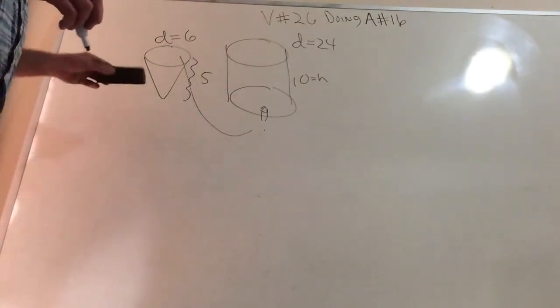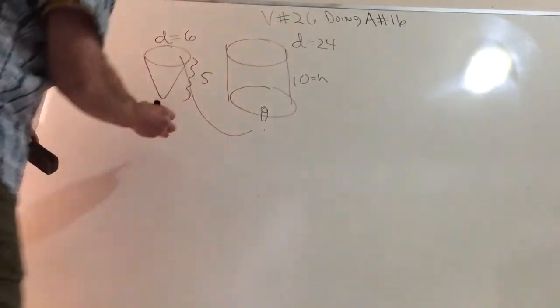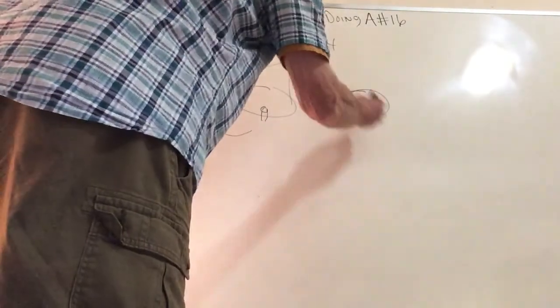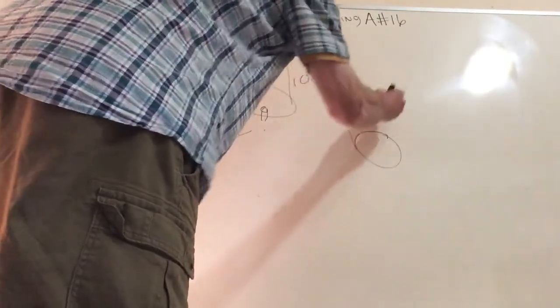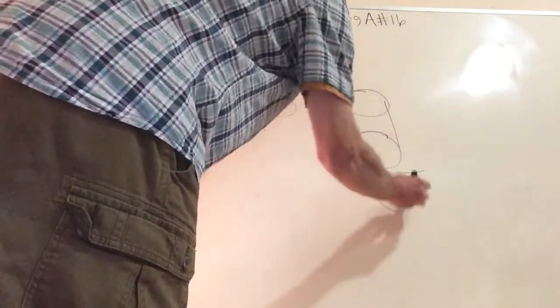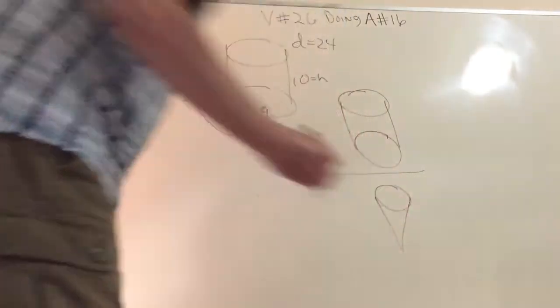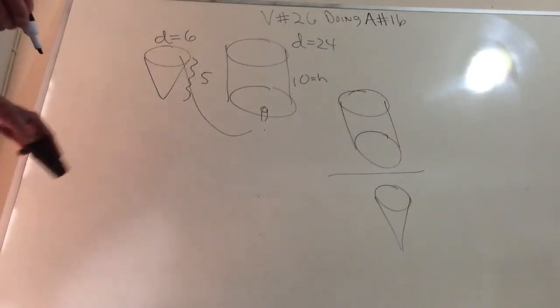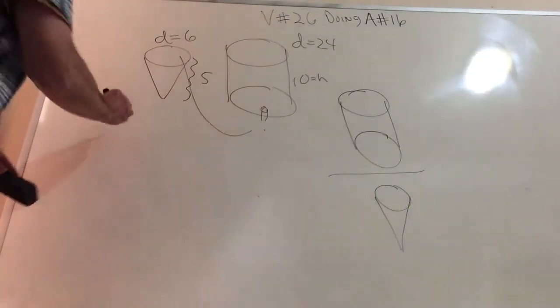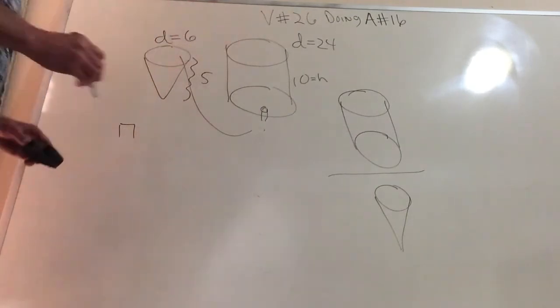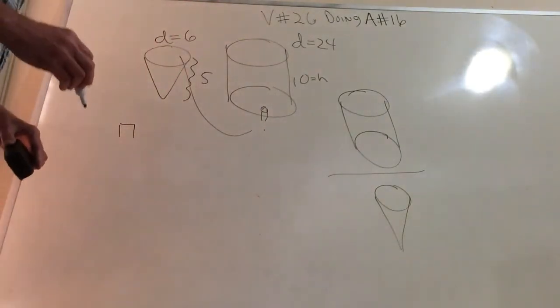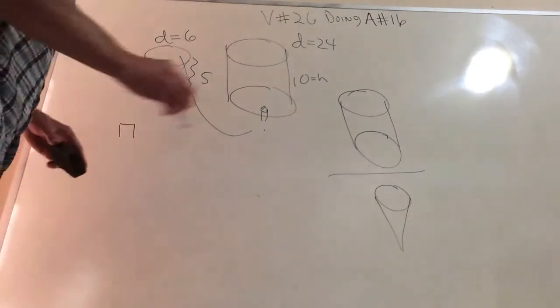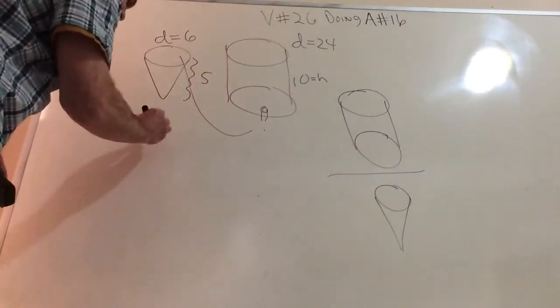So here we go. It's best to put the dispenser on the top and the cups on the bottom. And once I can find the ratio between those two guys, then I'll be in great shape. So again, going left to right, the cylinder has a volume of pi, and half of 24 is 12.